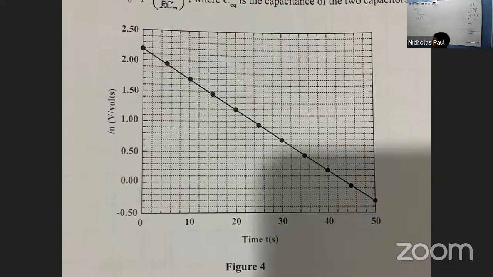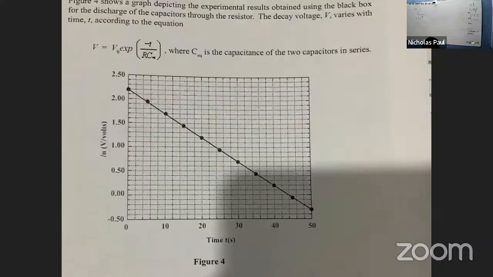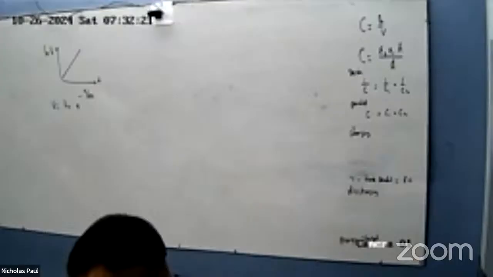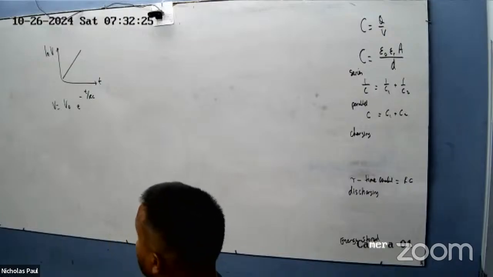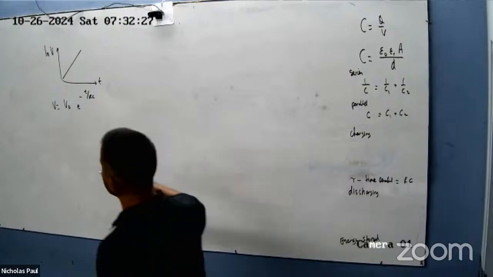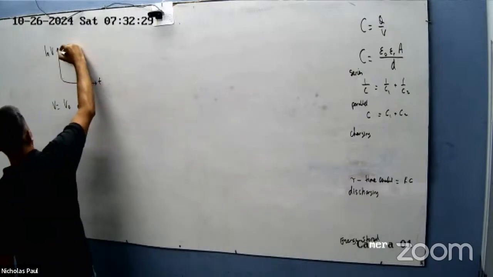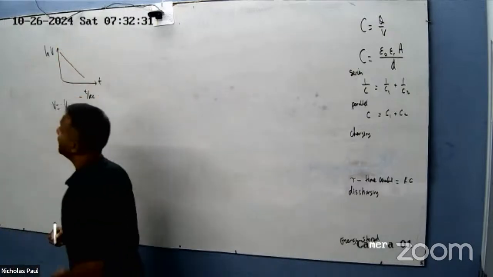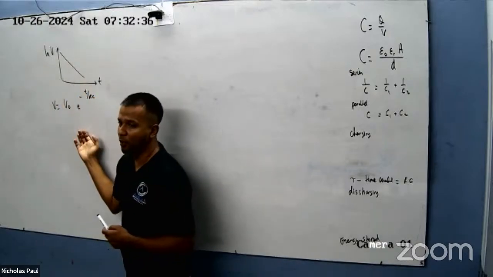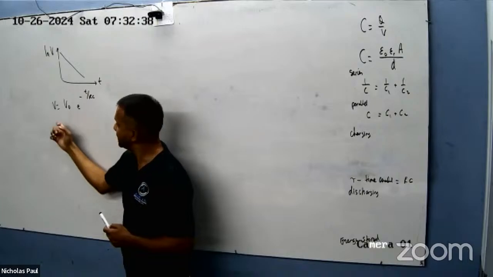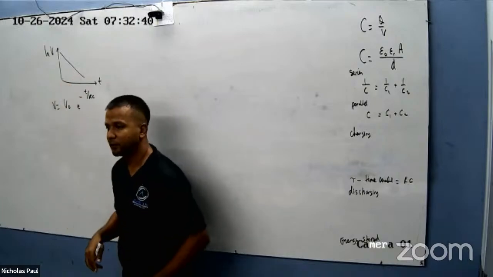The gradient represents the exponent. Look at the graph. So the graph is ln V versus t, and now they want us to determine what the gradient is.